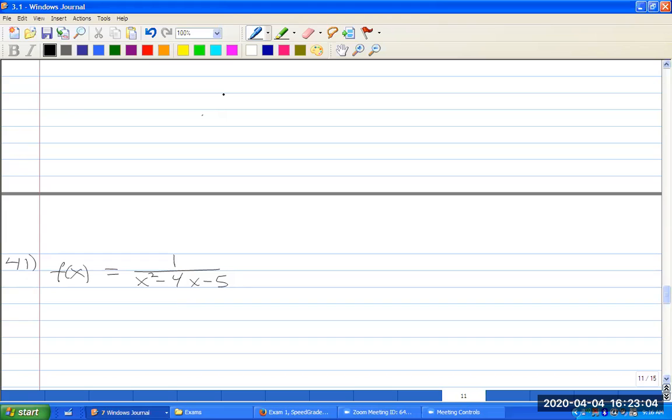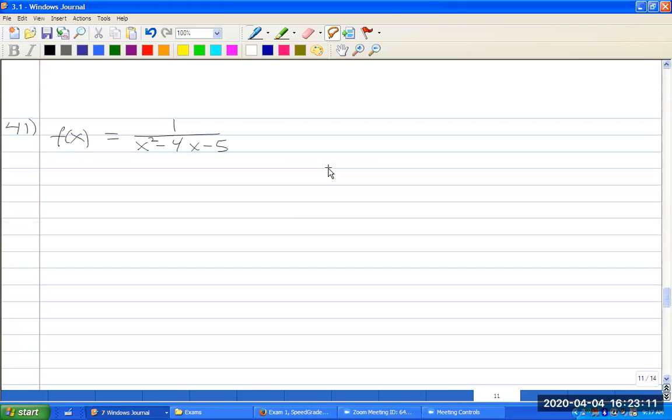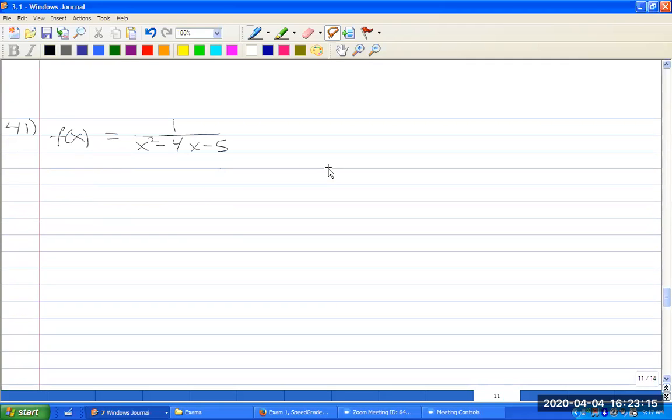Okay. Let me do problem number 41. So in problem 41, I want to find the domain of this function. So first, let me rewrite this function. Let me factor the denominator. Well, this is a monic quadratic trinomial.